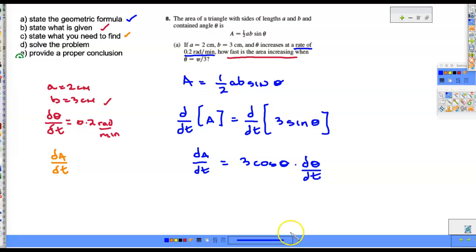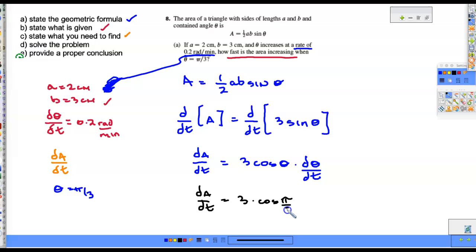And now you replace what you know. I forgot to write this here, but we knew that you find dA dt when theta is pi over 3. So we make that substitution at the very, very end. So dA dt is going to be 3 times cosine of pi thirds times d theta dt.